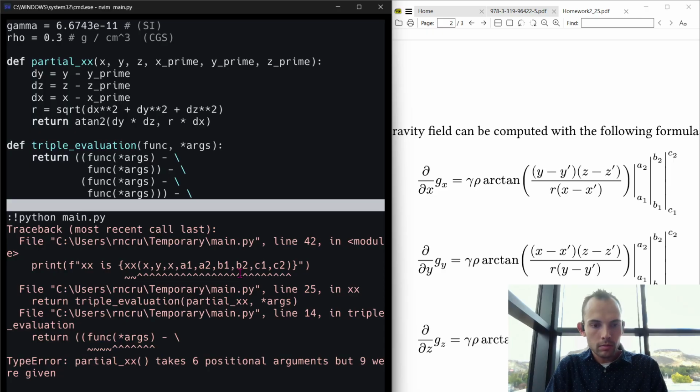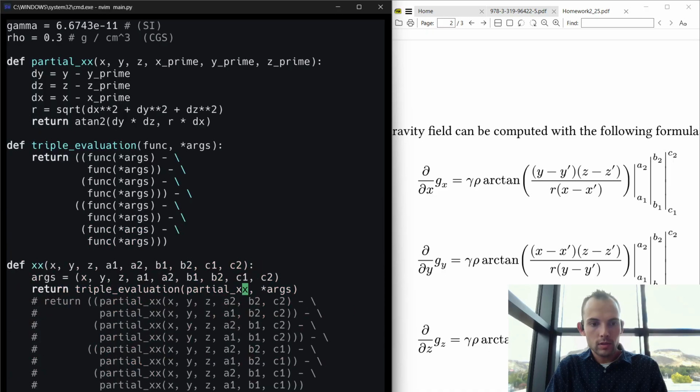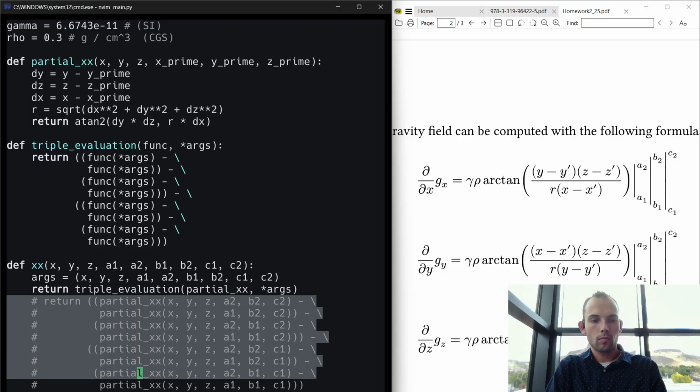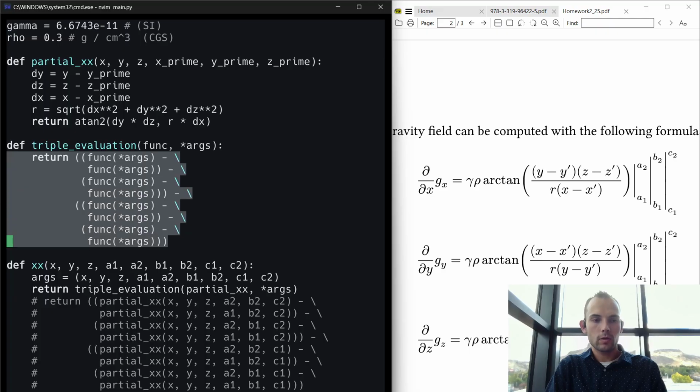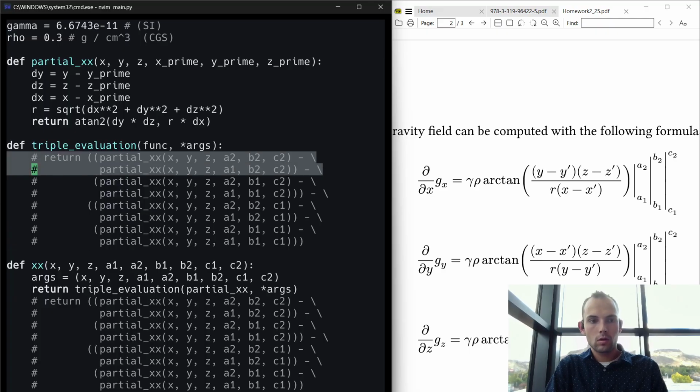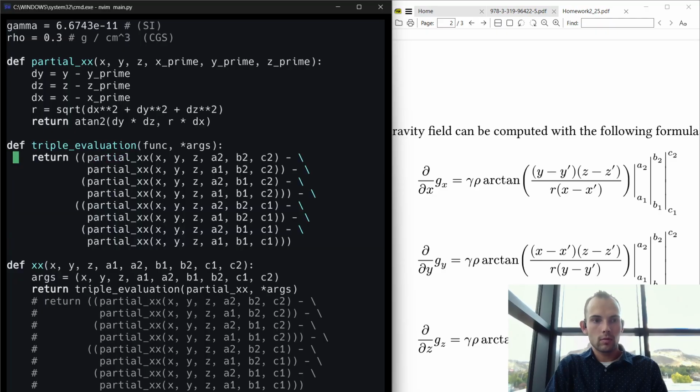So what's the problem here? It takes 6 positional arguments, but 9 were given. Damn it. Yeah, there's this permutation. Okay, back to square one. I guess that's why you gotta be a little more careful.